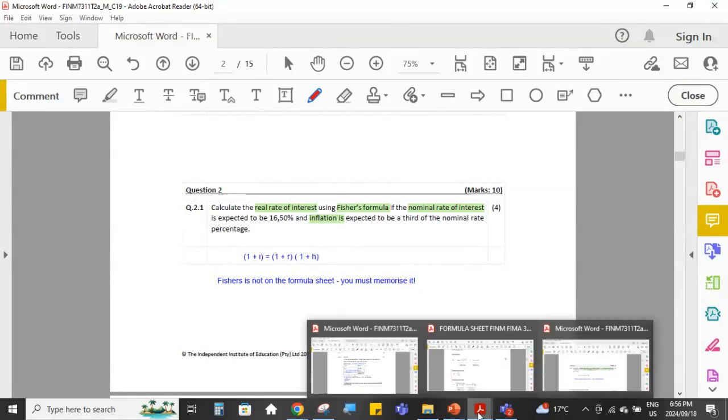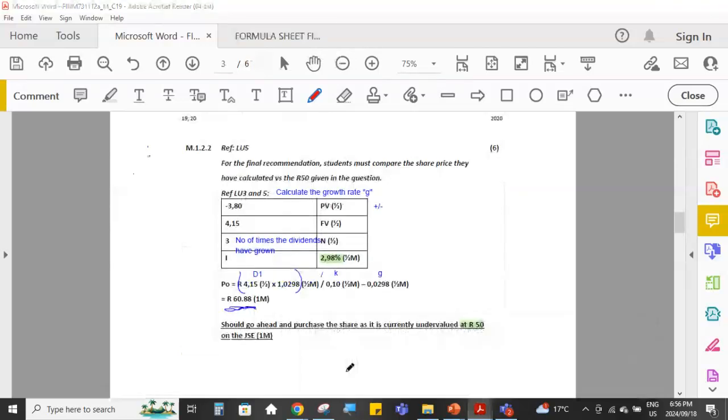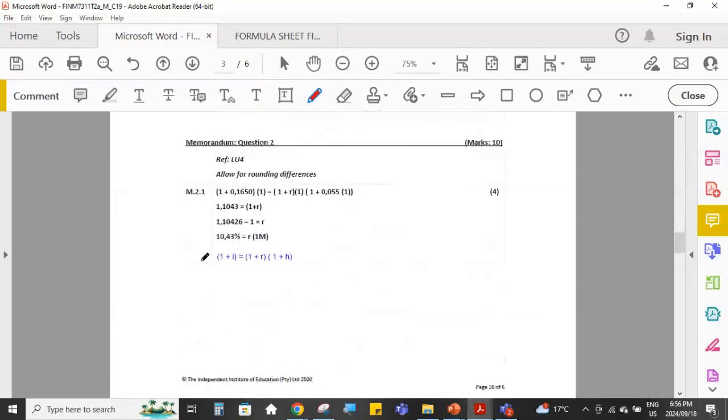They just make it a little bit tricky from a maths point of view. But number one, you have to be able to remember the formula and write it down. And then number two, do the correct substitutions. So we can see here we've got 1 plus I, that's the nominal rate given to us, equals 1 plus R multiplied by 1 plus H. And have a look at the marks.